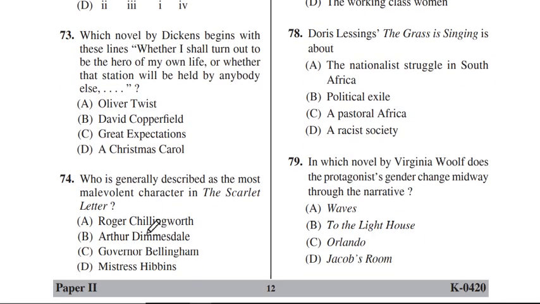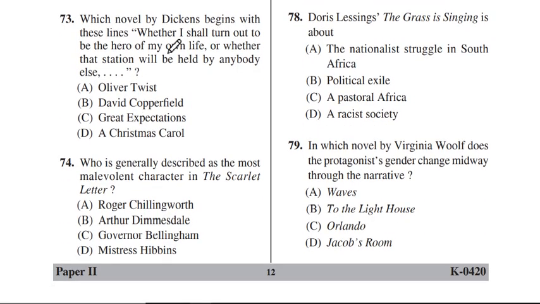Next, the 73rd one. Which novel by Dickens begins with these lines: whether I shall turn out to be the hero of my own life or whether that station will be held by anybody else? The correct answer for this is David Copperfield. Who is generally described as the most malevolent character in The Scarlet Letter?